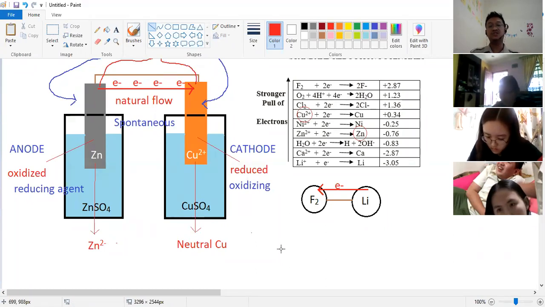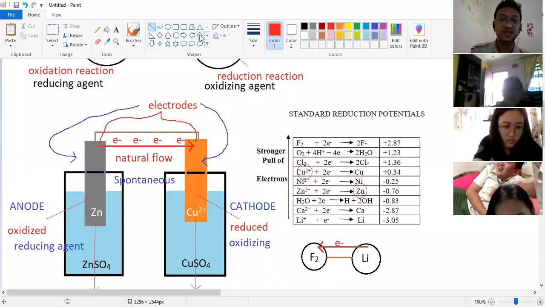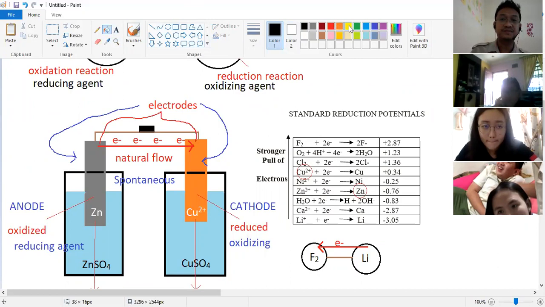and we call this reaction a spontaneous reaction. In a spontaneous reaction, the reaction just takes place naturally, and because of that, electricity is generated. So if electricity is generated, let's say we put a load here. What will happen if we put a load here?